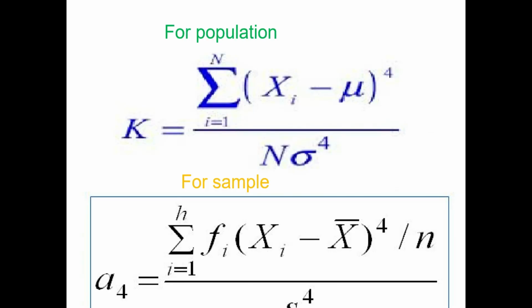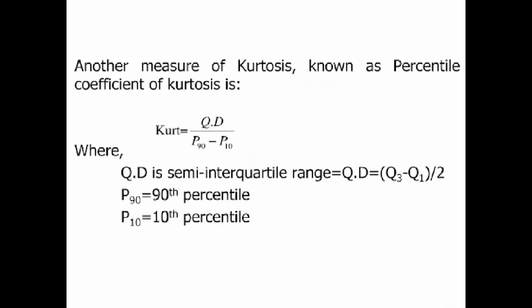For a population this formula is used, and for a sample, s squared is used. Another measure of kurtosis can be calculated from percentiles: quartile deviation divided by P90 minus P10.